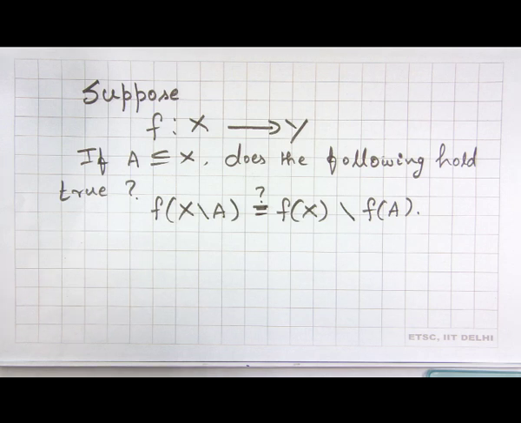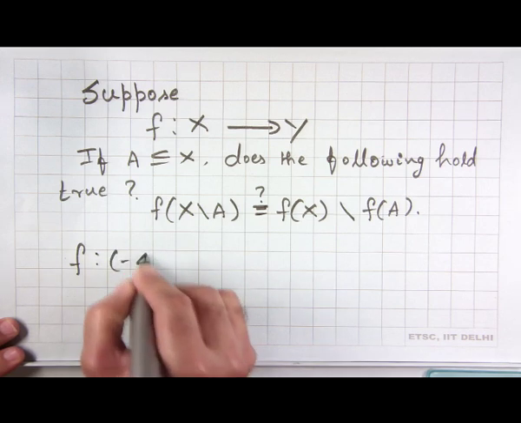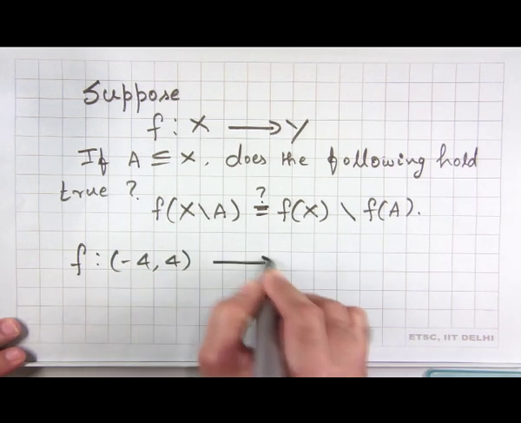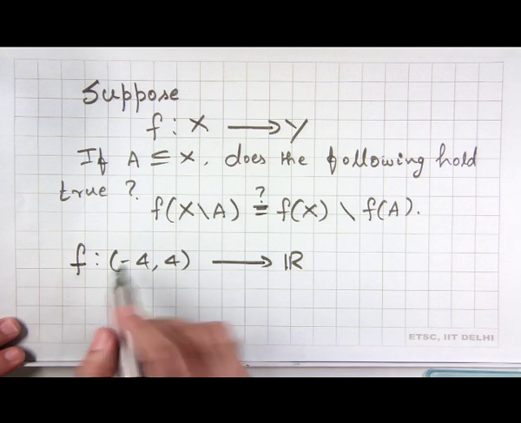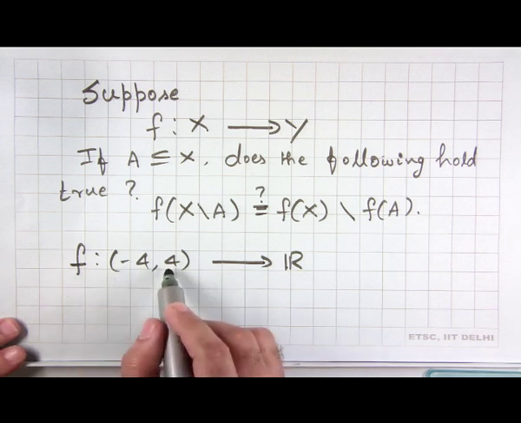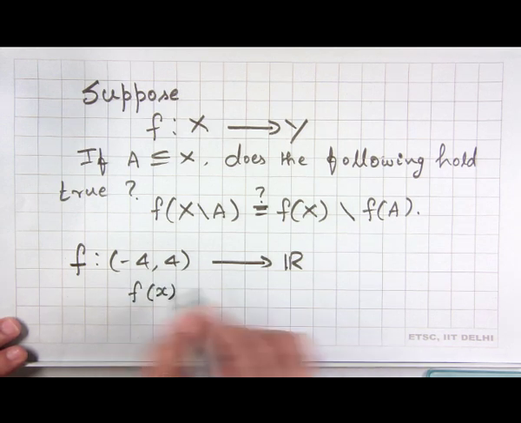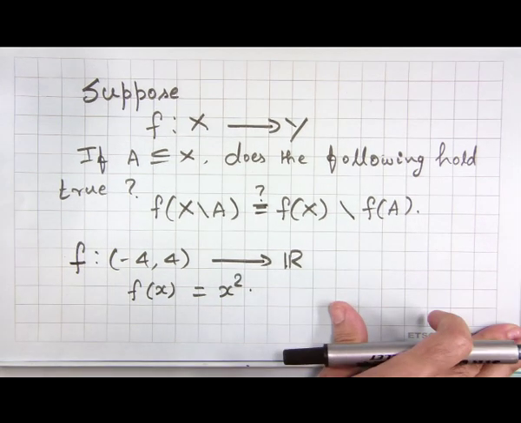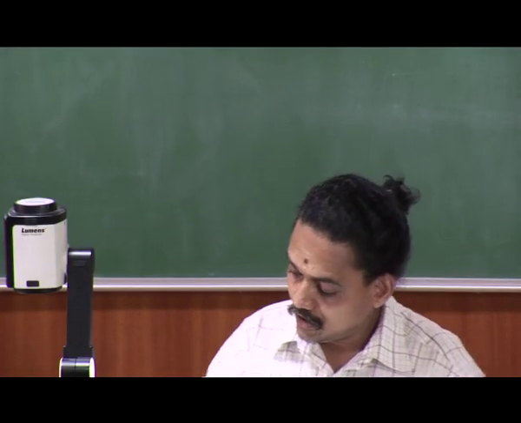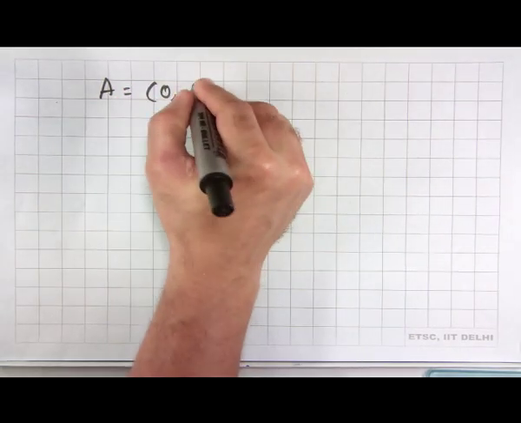Now, before we try to understand this, let us try to look at an example. Consider a function f from the interval minus 4 to 4 to R, given by f x equal to x square. Let us look at this function. Now, choose A as open 0 closed 4.